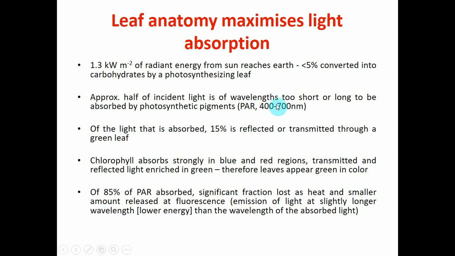And then we've got a little gap in here where the green band is that reflects it back. So of the light that is absorbed, about 15% is reflected or transmitted, and that's what gives off the green light. Now, your chlorophyll, remember we said photosystem 2 absorbs at about 680 and photosystem 1 at 700.